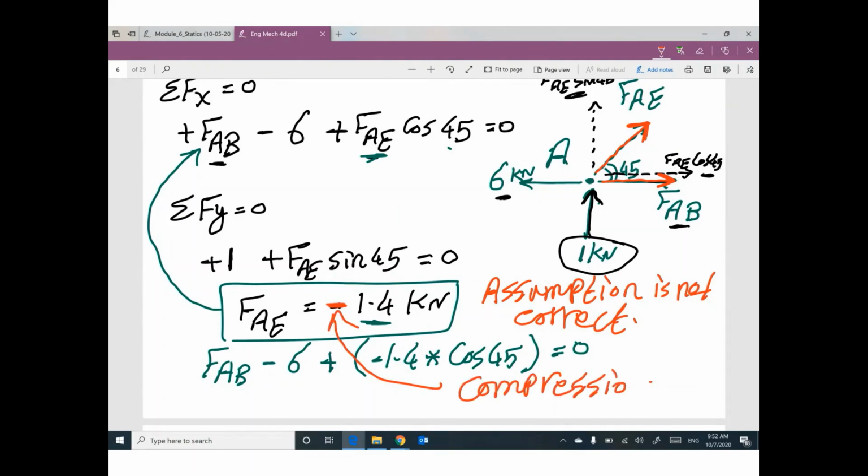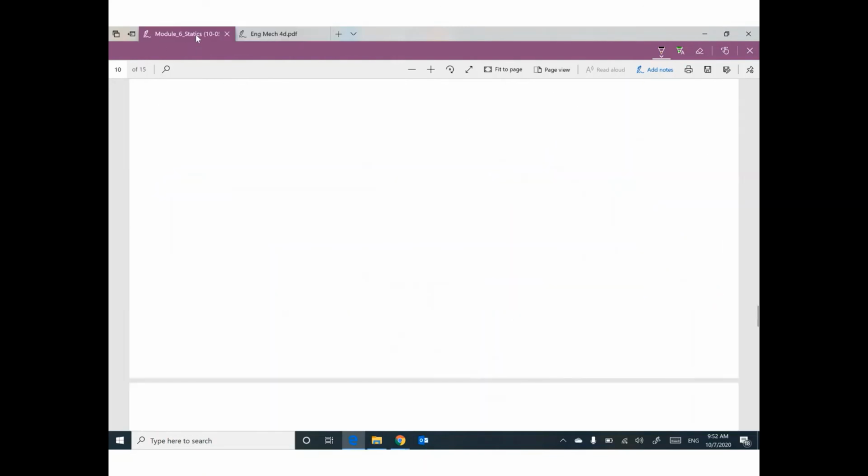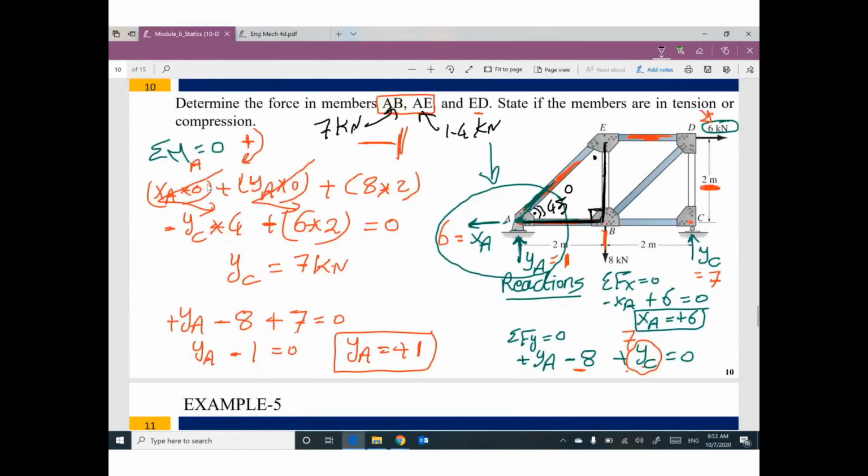So beside your value, I'm going to say AE is compression and AB, which is 7, will be tension. We are still looking for ED. I'm going to continue next time.